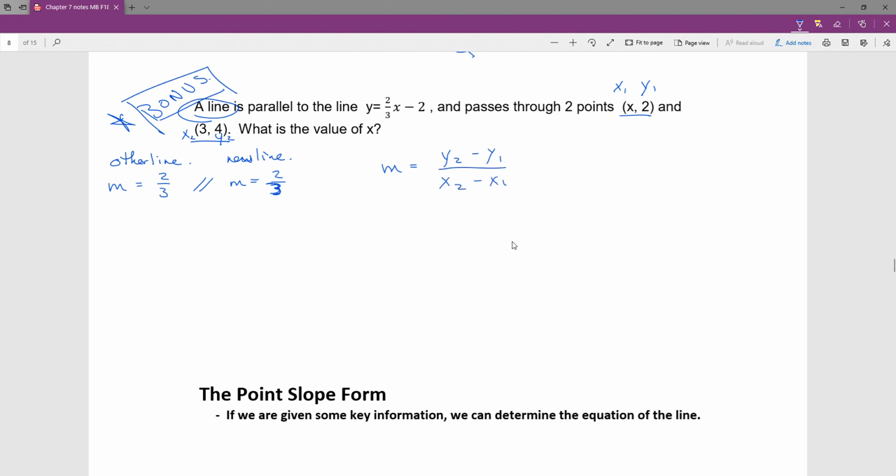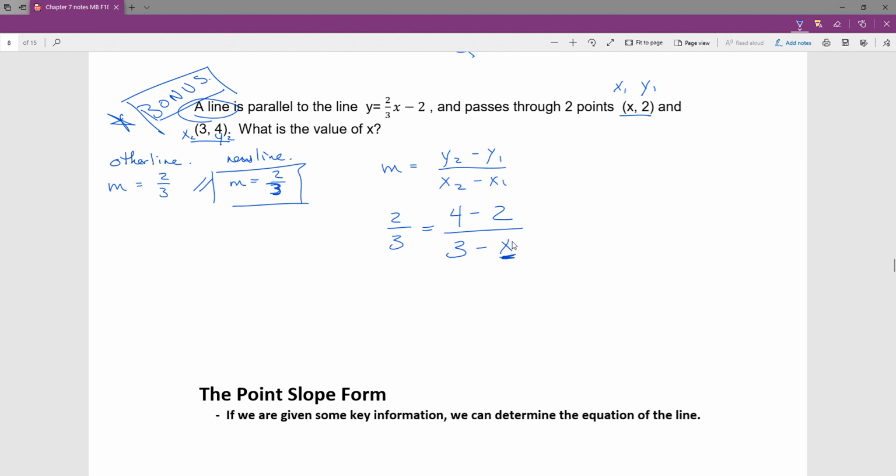Subbing in everything that we know, my slope is 2 over 3. We know y2 is 4. We know that y1 is 2. My x2 is 3, and my x1 is x. So once you've got it all put together, the name of the game now is solving for this x here.